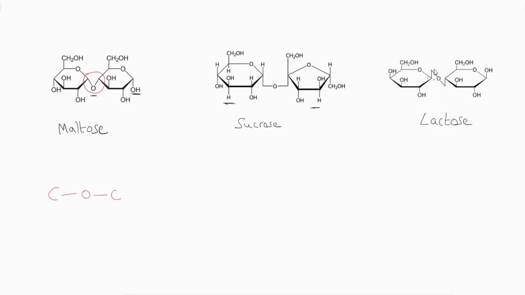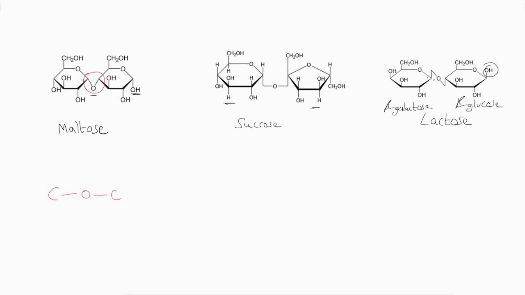Now you can see the bond here is drawn in a very strange way. Now lactose contains galactose, and this is beta galactose. And it can also contain glucose in the alpha or beta form, and you can see here that beta glucose here, but it could as well be alpha glucose.